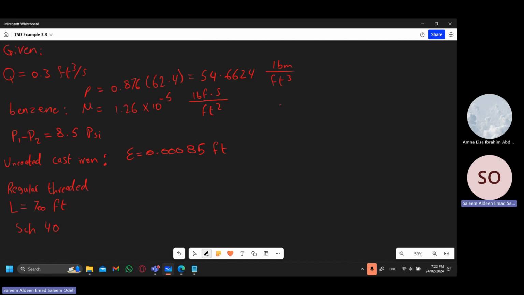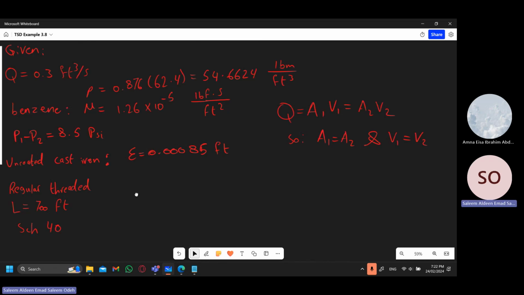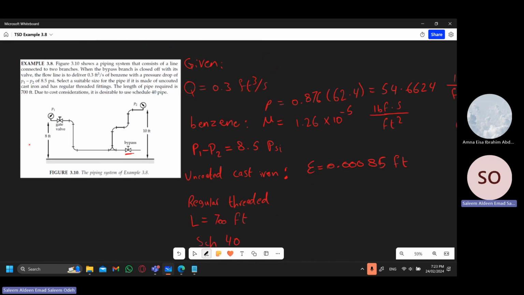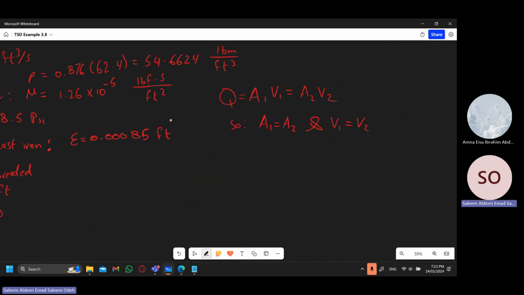So we also know that an equation for the volume flow rate is A1 V1, which is also equal to A2 V2. So in this question, we could say that A1 is equal to A2 and that V1 is equal to V2. In the drawing and the figure of the question, they also gave us that Z1 equals 8 and Z2 equals 10 foot. So we will write those down as well.